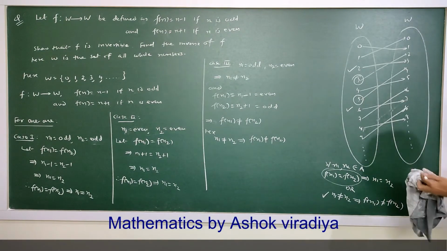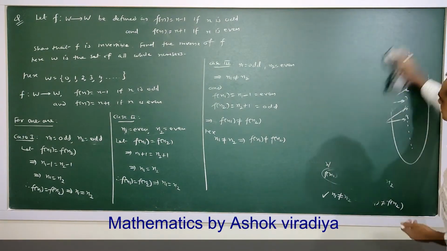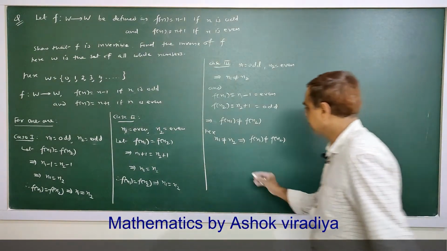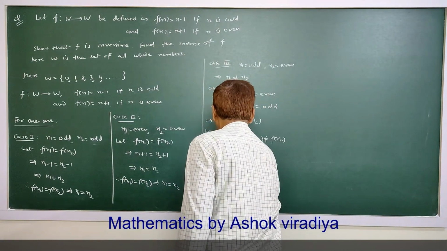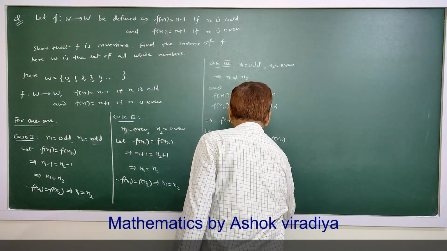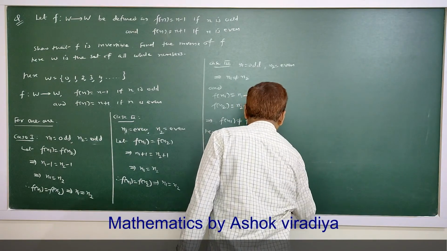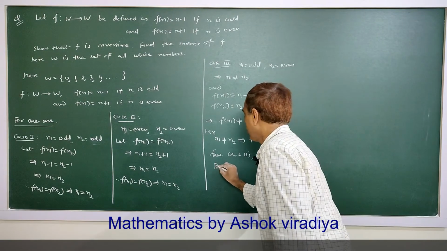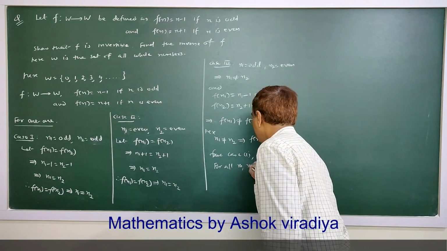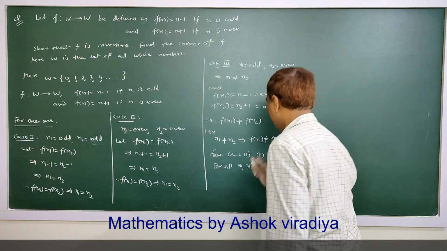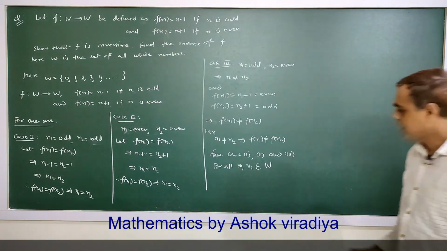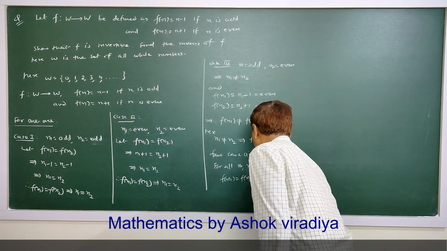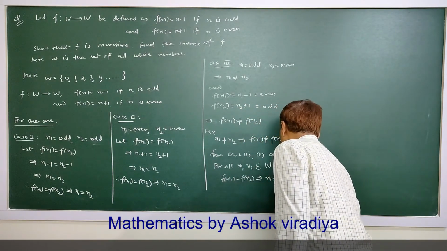So from case 1, 2 and 3, it is clear that for all n1 and n2 belonging to W, f of n1 equal to f of n2 implies n1 equal to n2.